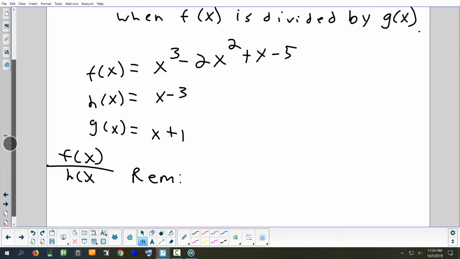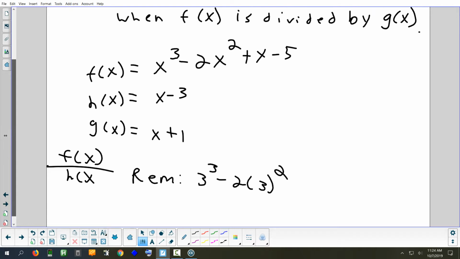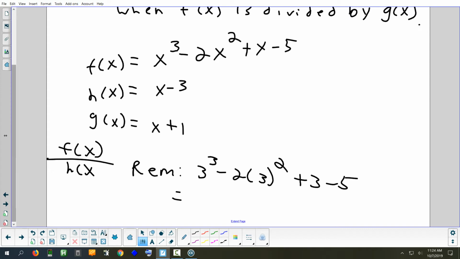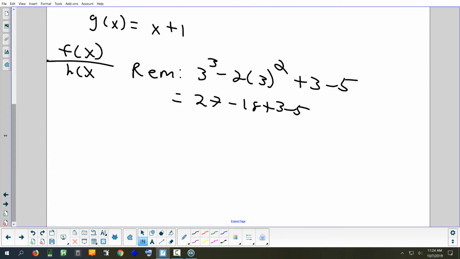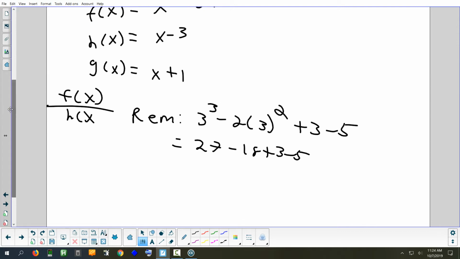So we're going to get 3 cubed minus 2 times 3 squared plus 3 minus 5. 3 cubed, we just did that. 3 squared is 9 times 2 is 18. What's 27 minus 18? 9 plus 3 minus 5.